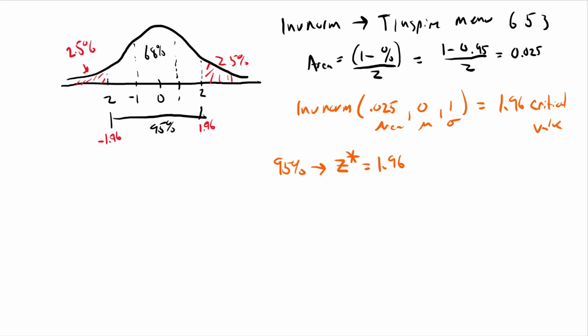So our p hat, our point estimate, was 0.42. And we said that our standard error of our p hat, also known as our standard deviation of our p hat, was 0.0698, okay?